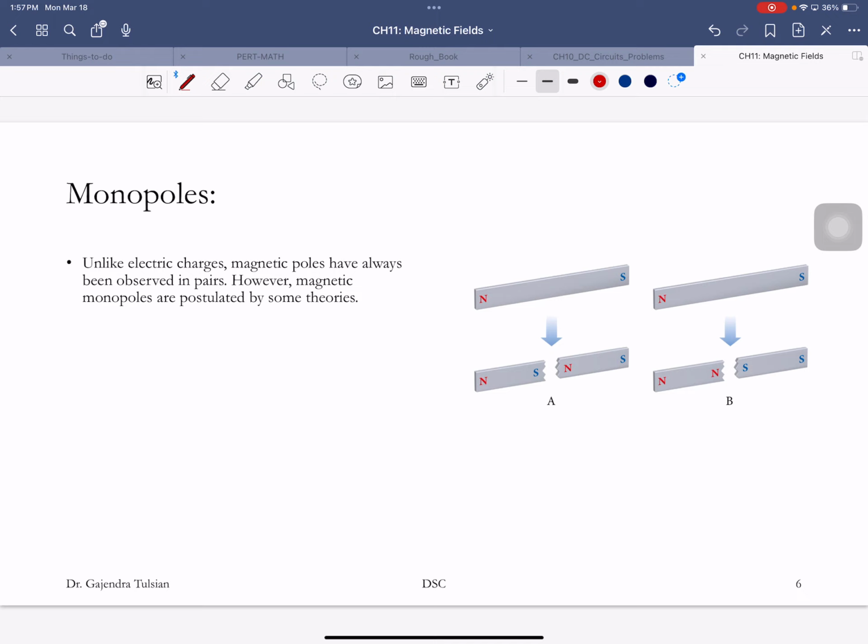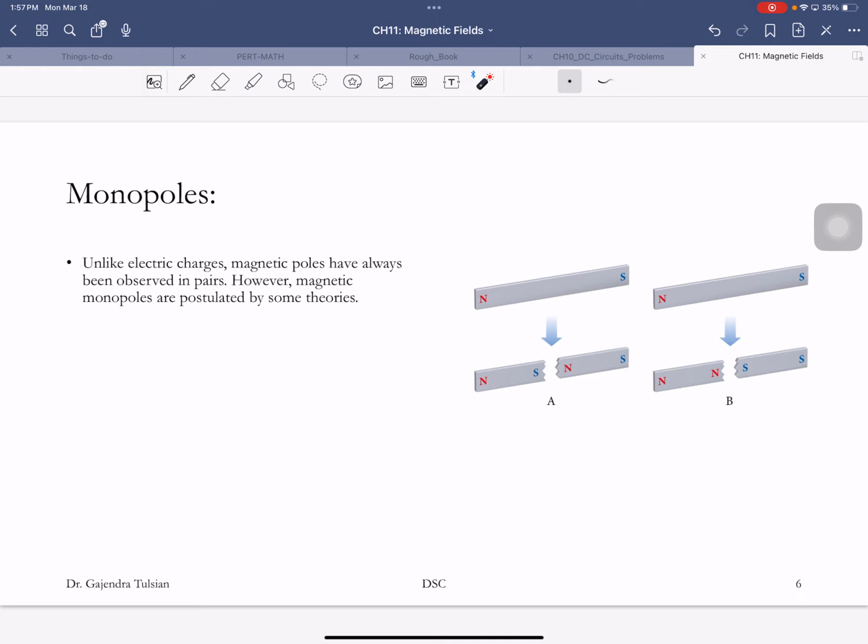Again, that's a microscopic view, but here's a macroscopic thing. You go and buy a magnet in a store, break it into two. You don't destroy its magnetism, you get two magnets. You break that into two, you get two more magnets.